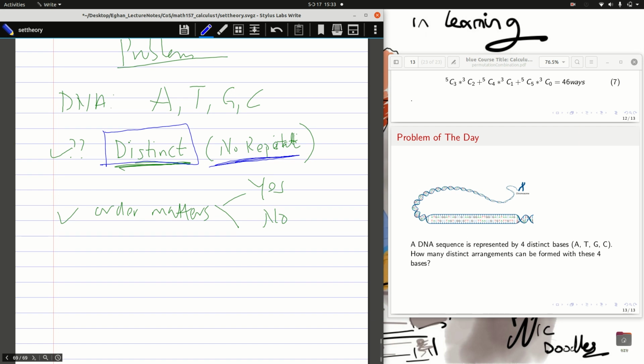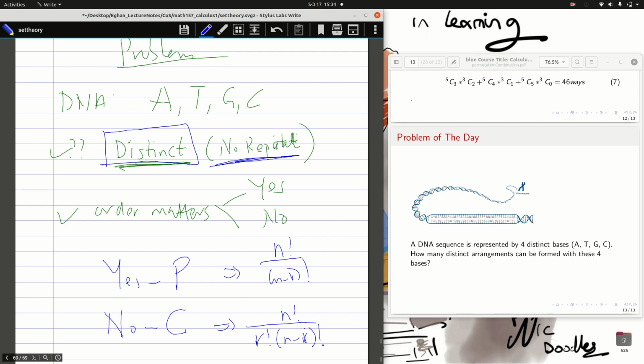If it's yes, you know you are using permutation. If it is no, you know you are using combination. And because there is no repetition, if it's permutation without repetition, I have n factorial over n minus r all factorial. If it is combination, I have n factorial over r factorial times n minus r all factorial.